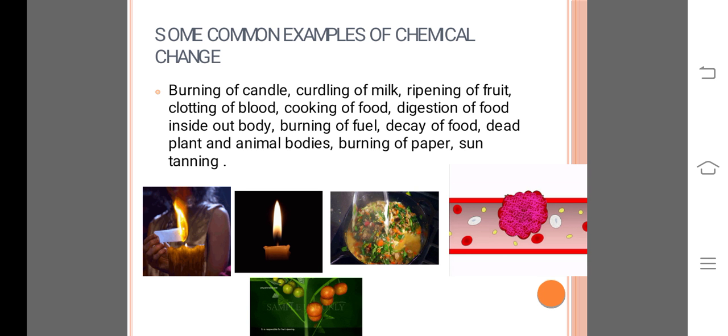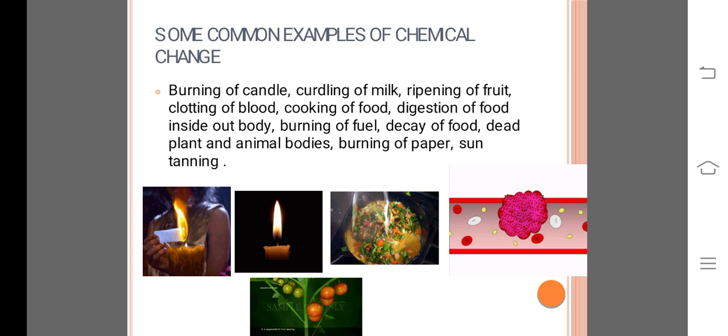So here are some examples of chemical changes, like burning of candle, curdling of milk, ripening of fruit, clotting of blood, cooking of food, digestion of food inside our body, burning of fuel, decay of food, decay of plant and animal bodies, burning of paper, sun tanning.